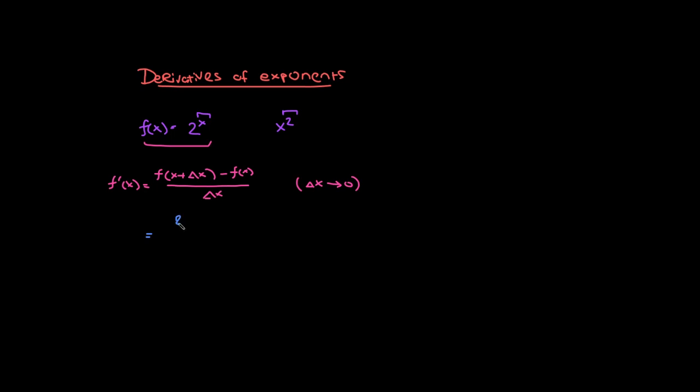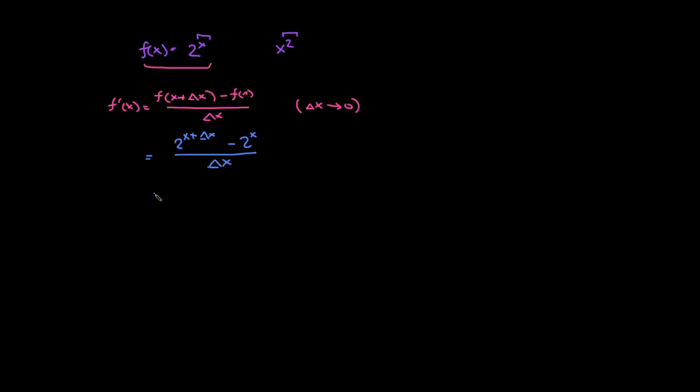So that's going to be 2 to the x plus delta x, and then just 2 to the x here, all divided out by the difference in x. Alright, so what we can do now, so I'll manipulate this, because we can use the exponent.